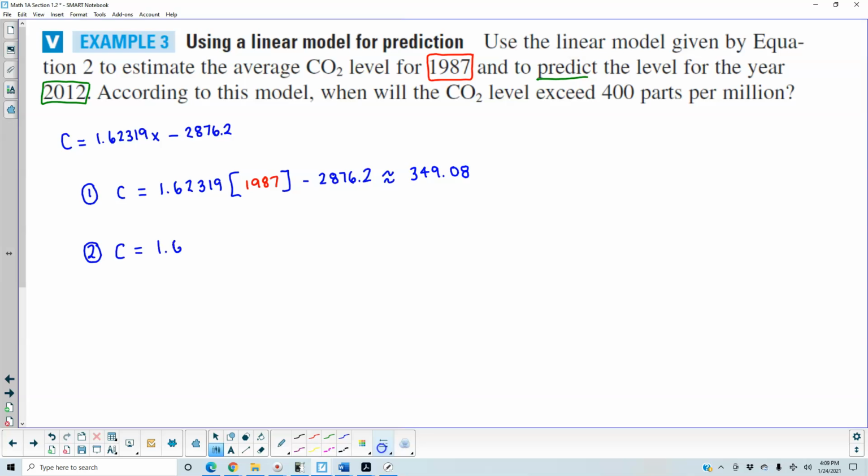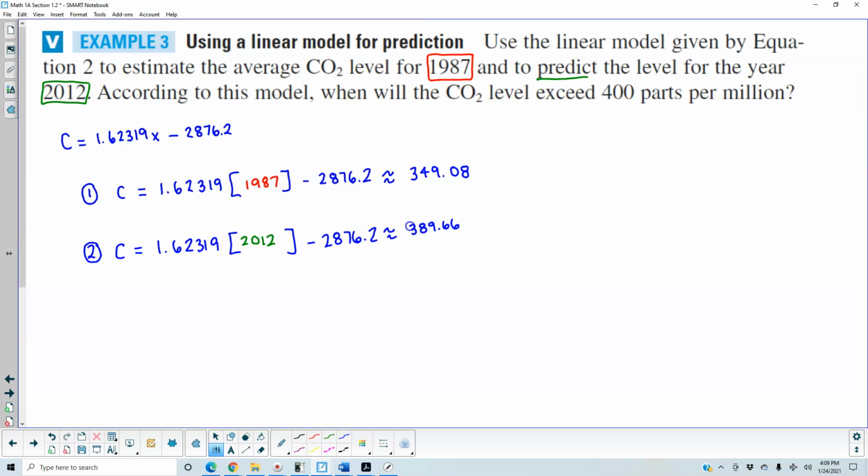So we have 1.62319, and we're substituting in the year 2012 to give us the result of approximately 389.66 average CO2 level for 2012.